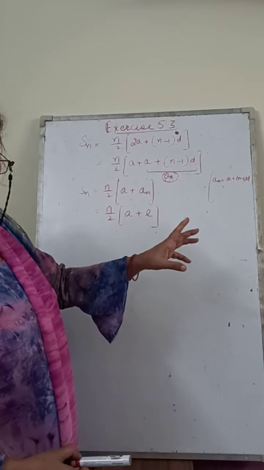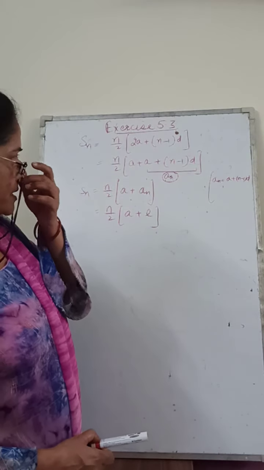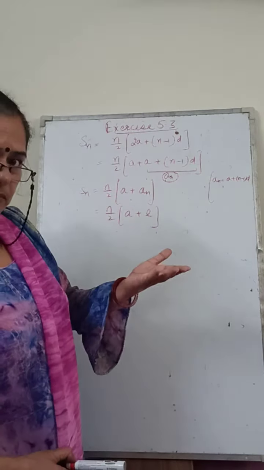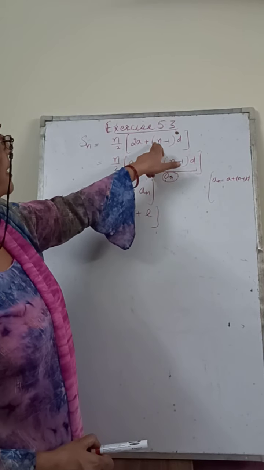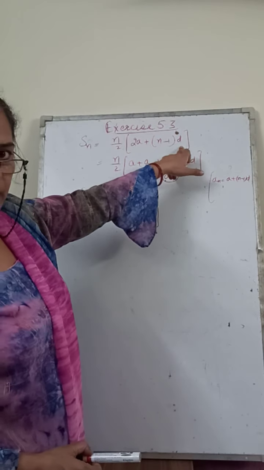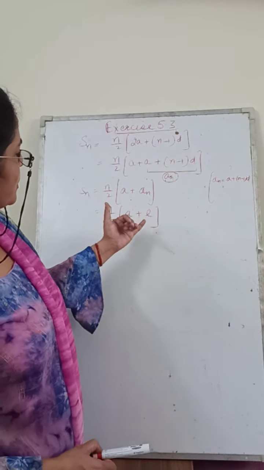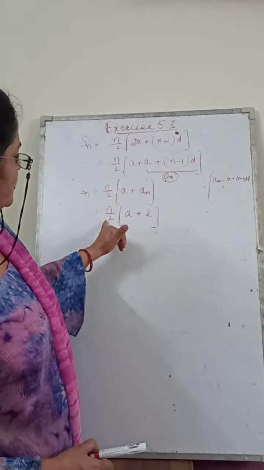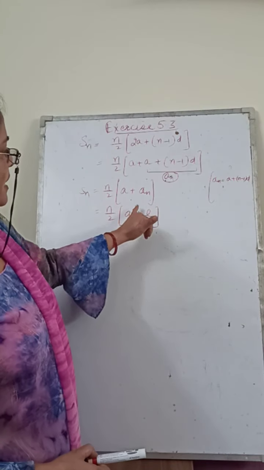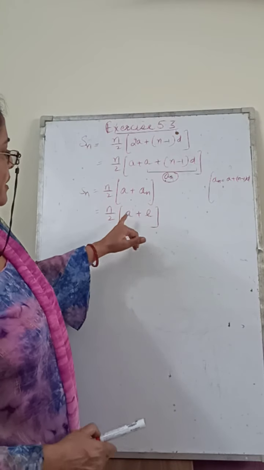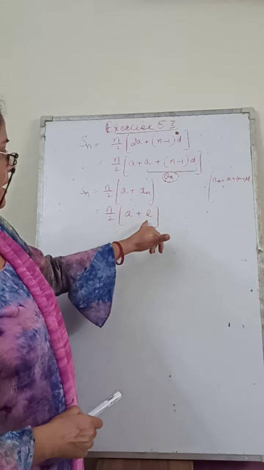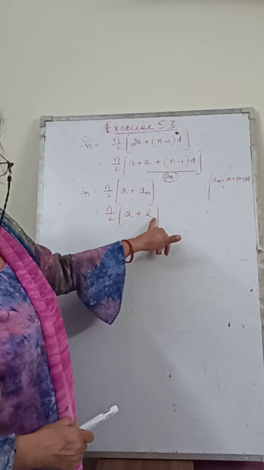So when you will be doing the questions of the sum of n terms, you can use this formula, n by 2 into 2a plus n minus 1 into d. Or in case the last term is given, you can use this direct formula also, n by 2 into a plus an, means n by 2 into first term plus last term.